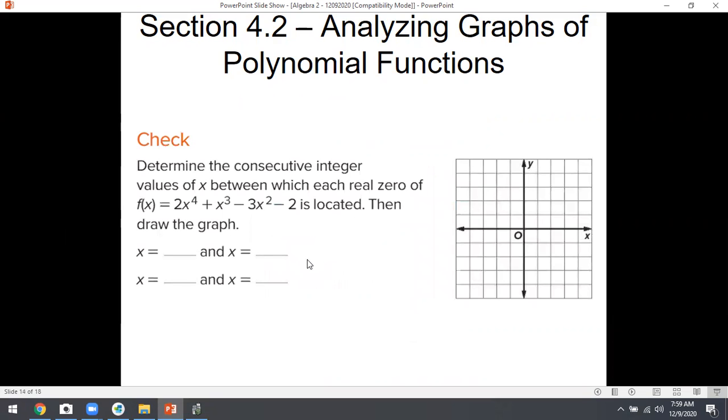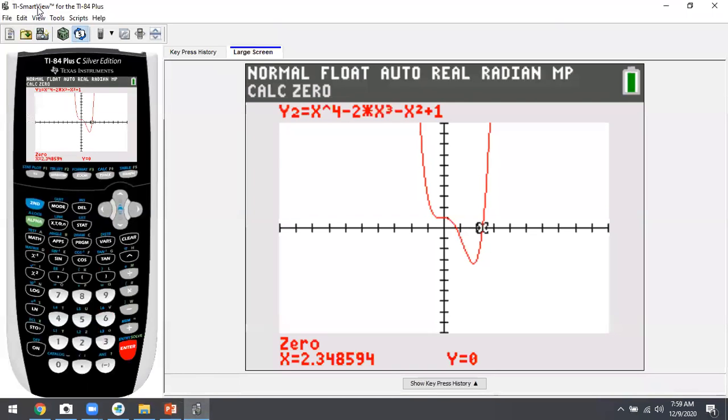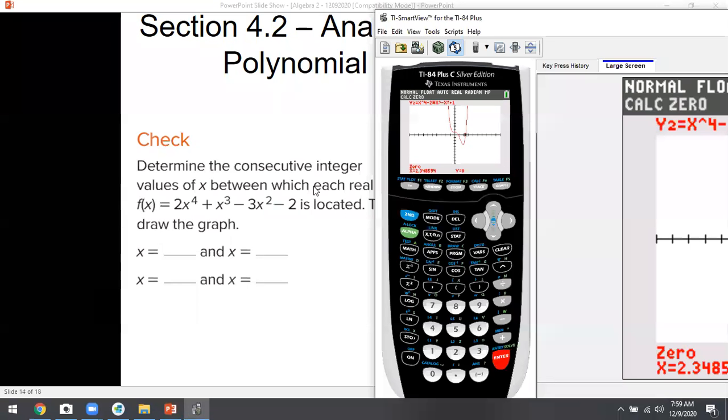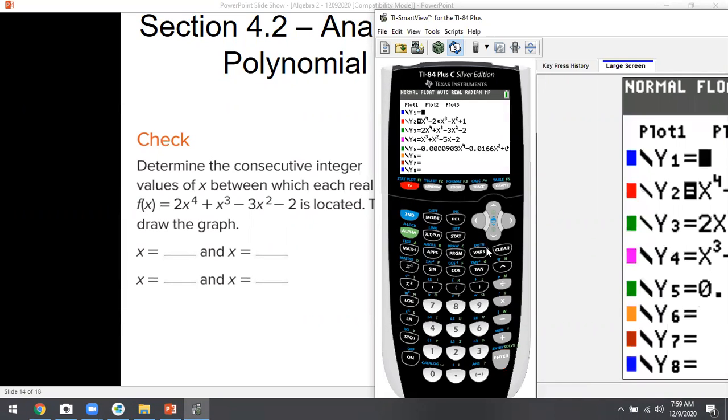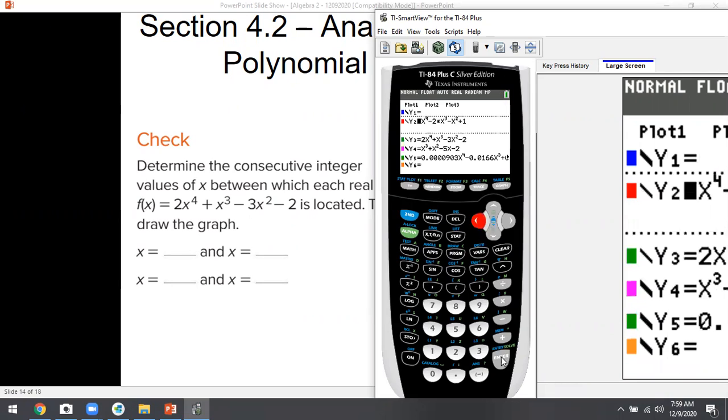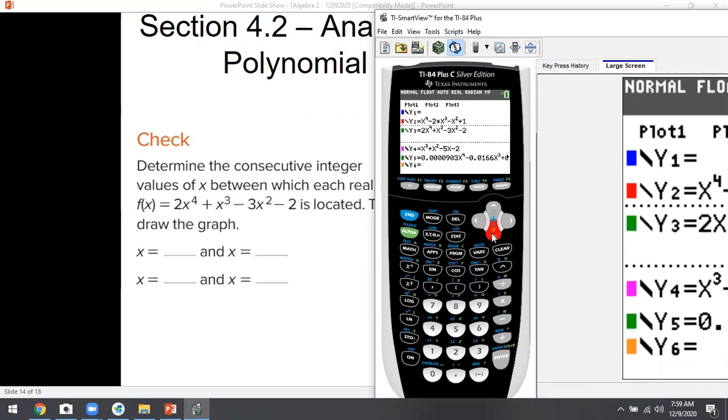Let's try another one. Determine the consecutive integers. So find two numbers in between which these zeros are located. So go back to y equals, clear it out. Type it in just like it looks. Normally, your normal window, the -10 to 10, will cut it.